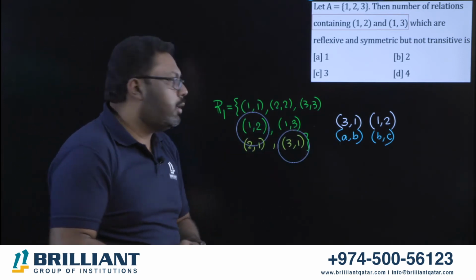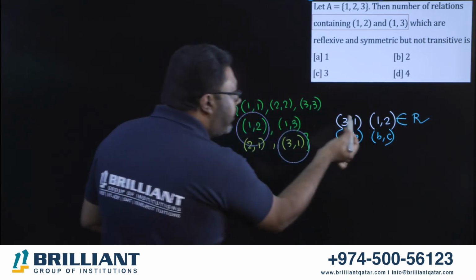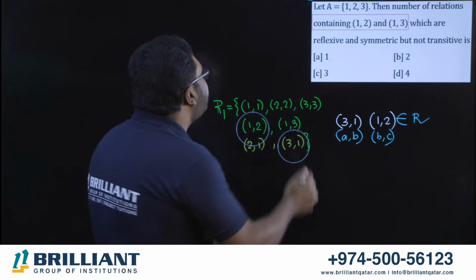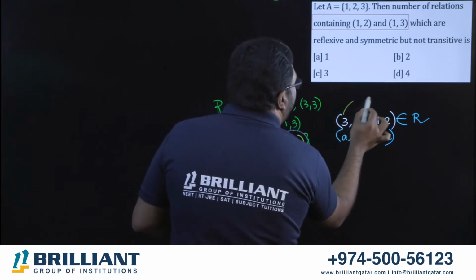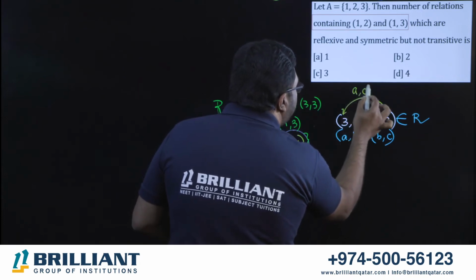BC is also there. Both of them belong to R. AB and BC belong to R. So now it is open. Let's check. Which is AC? AC is going to be 3, 2.